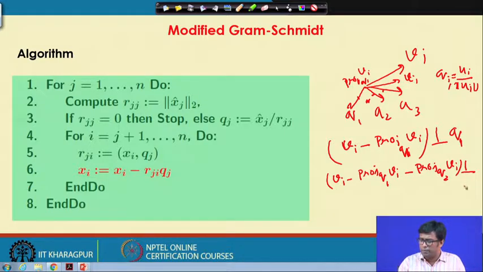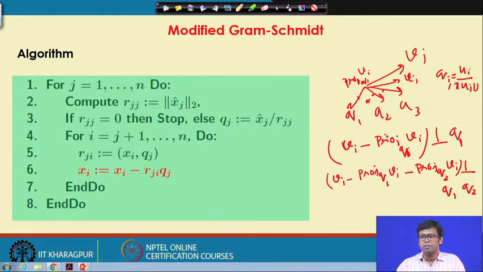This will be perpendicular to q 2, and it is also perpendicular to q 1. Why is it perpendicular to both? Because whatever is perpendicular to q 1 has no component along q 1, so whatever we subtract from it will still remain perpendicular to q 1.